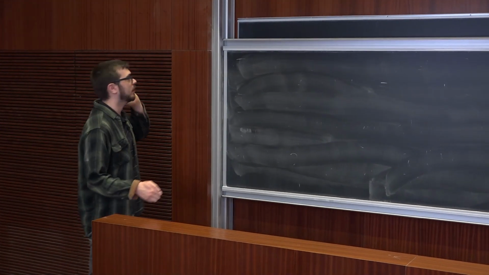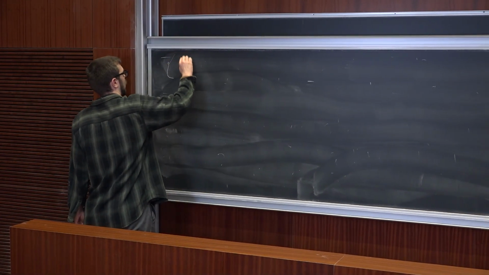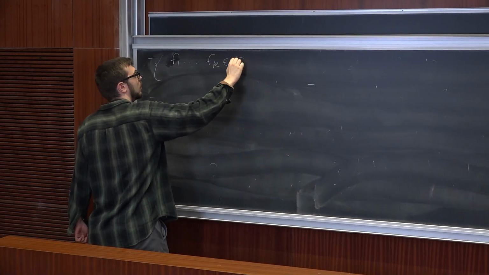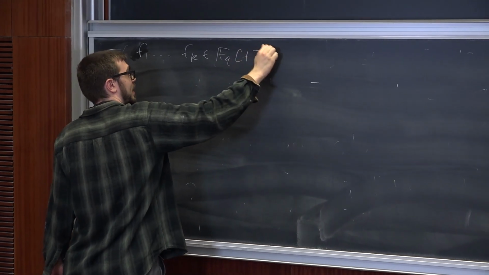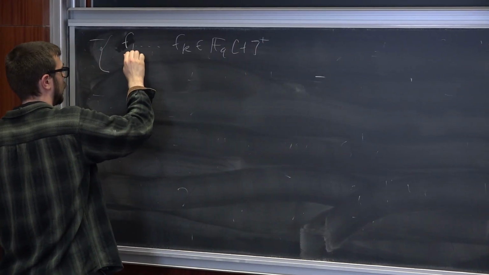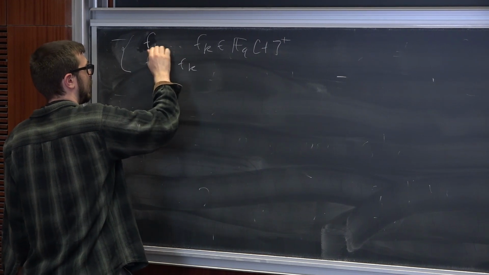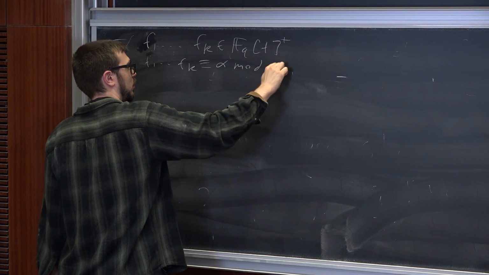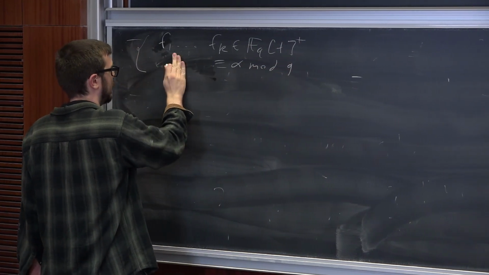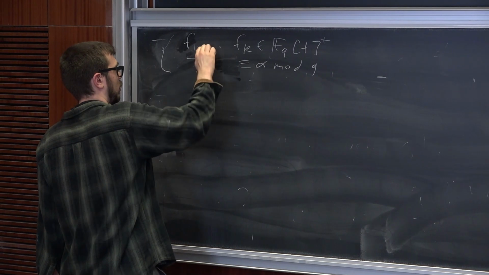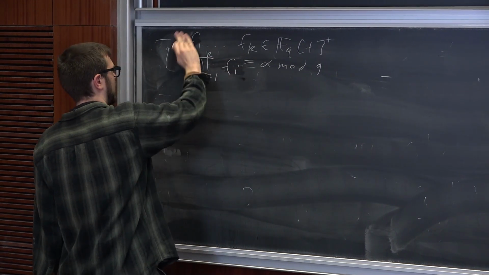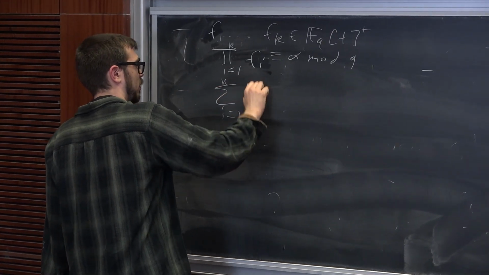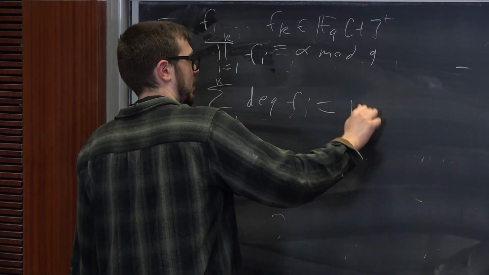So what is this set that we're trying to count elements of? Product f1 up to fk. Well, let me write it like this. The product from i equals 1 to k of fi is congruent to alpha mod g. The sum from i equals 1 to k of degree fi is equal to n.